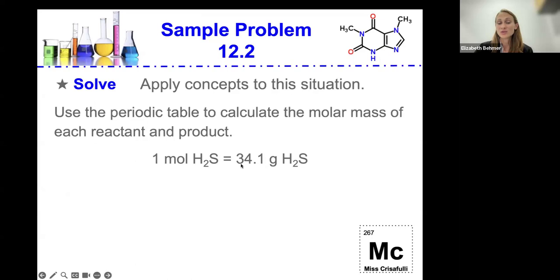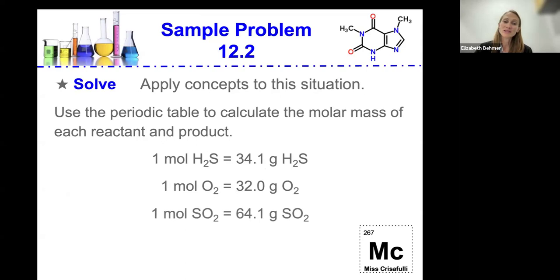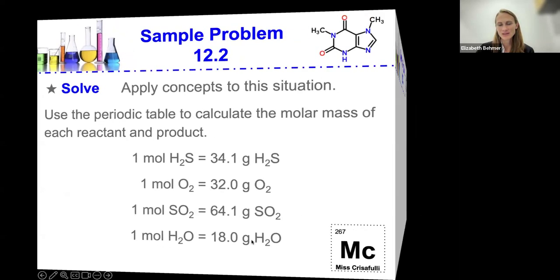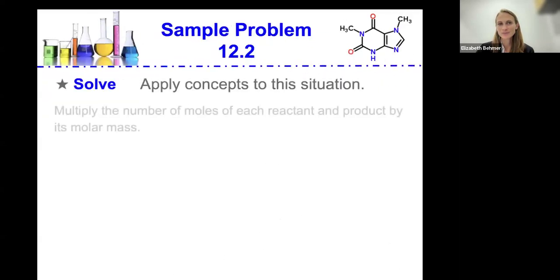So 1 mole of H2S is 34.1 grams of H2S. 1 mole of oxygen at 16 plus 16 is 32 grams of O2. And 1 mole of SO2 is 64.1 grams of SO2. 1 mole of water, 1 plus 1 plus 16, those are the atomic masses of 2 hydrogens plus an oxygen, is 18 grams of H2O.